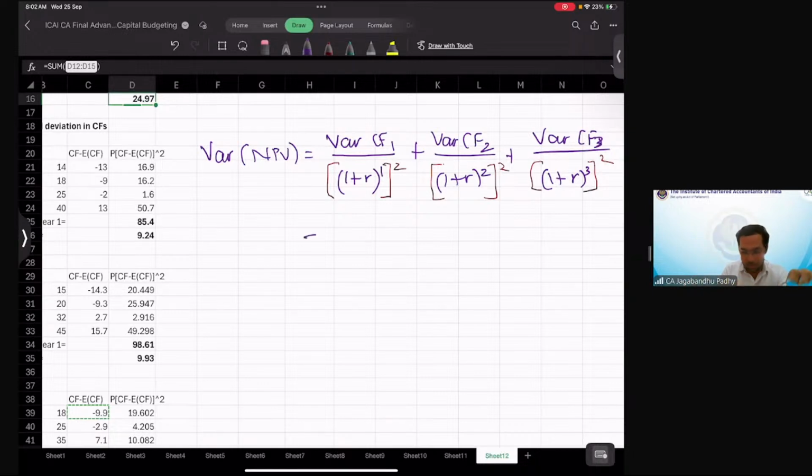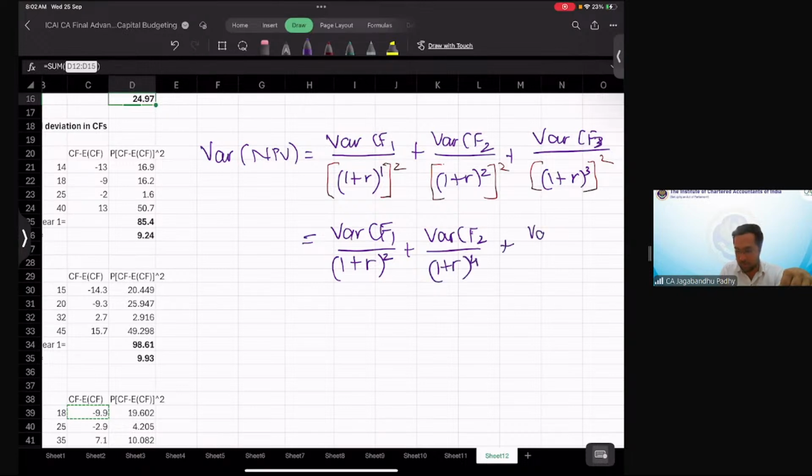So essentially, this becomes variance of cash flow in year 1 divided by 1 plus R squared, plus variance of cash flow in year 2 divided by 1 plus R raised to 4, plus variance of cash flow in year 3 divided by 1 plus R raised to 6. This raising to 2, 4, 6 happens because of the magnification in the numerator.